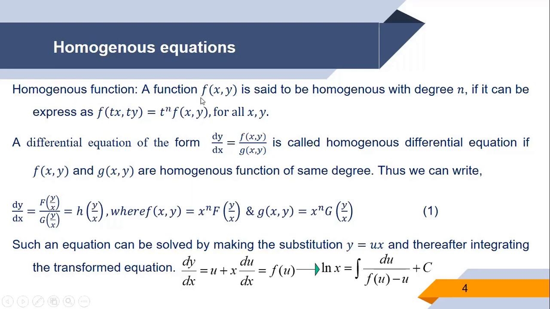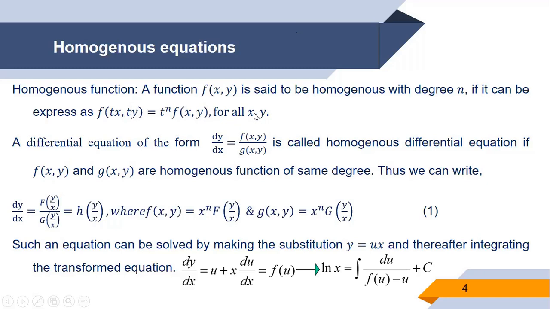A function f of x y is said to be homogeneous with degree n if it can be expressed as f of tx comma ty is equal to t raised to n f of x y for all x comma y.